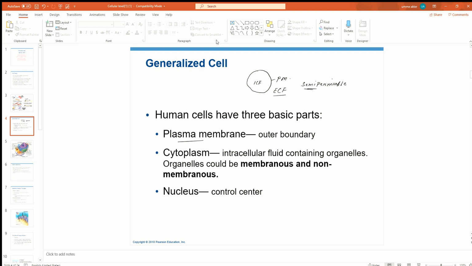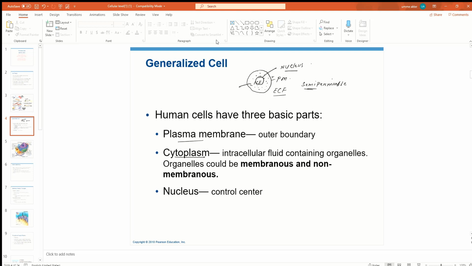Okay, then usually in the center of the cell there is a nucleus, which is called the control center of the cell. And in between the plasma membrane and the nucleus, the fluid part is called the cytoplasm. Okay, so this is the cytoplasm.